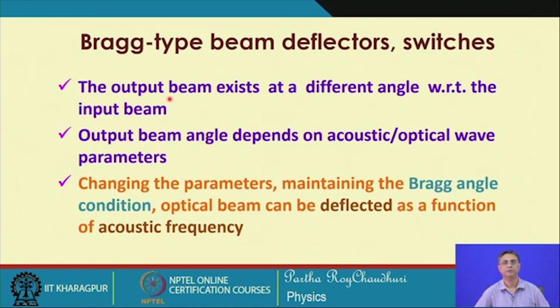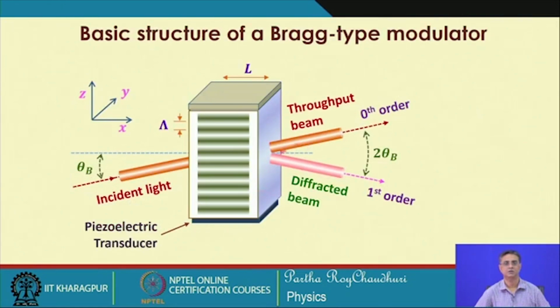Therefore, the Bragg type output beam exists at different angles with respect to the input beam. The output beam angle depends only on the acoustic and optical wave parameters. So, changing the parameters and maintaining the Bragg angle condition, the optical beam can be deflected as a function of acoustic frequency. So, let us look at this.